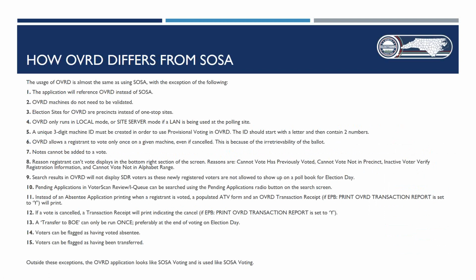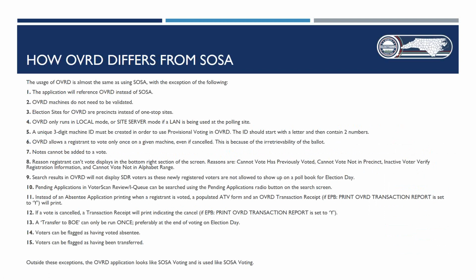There's also another big thing here, number 6. You can only vote a registrant one time in OVRD. So for example, if you had a junior come in and vote and the poll worker accidentally voted him under senior's record, you could cancel the vote for senior, but then when he comes in to vote, he's going to have to vote provisionally because you cannot vote him again.